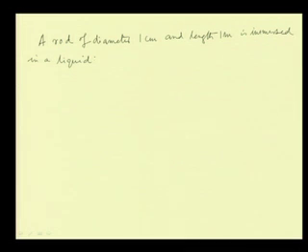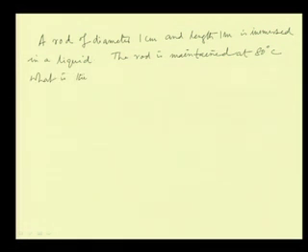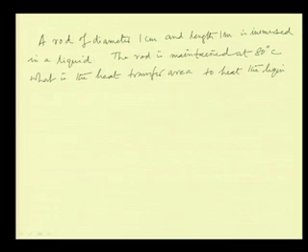The rod is maintained at 80 degrees centigrade. What is the heat transfer area to heat the liquid by the rod? Very simple question.